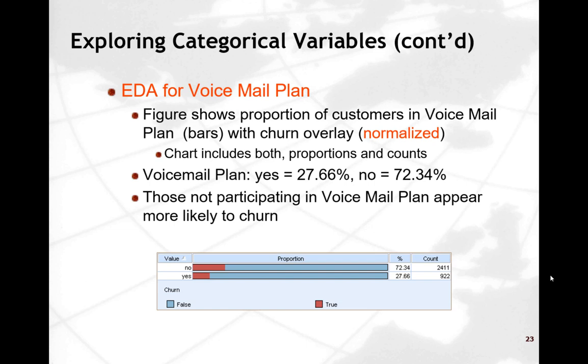If you graph it, then this is the graph that you will get. Let's say you have 1,000 customers, and 25% of them have voicemail, and 75% of them don't have it.